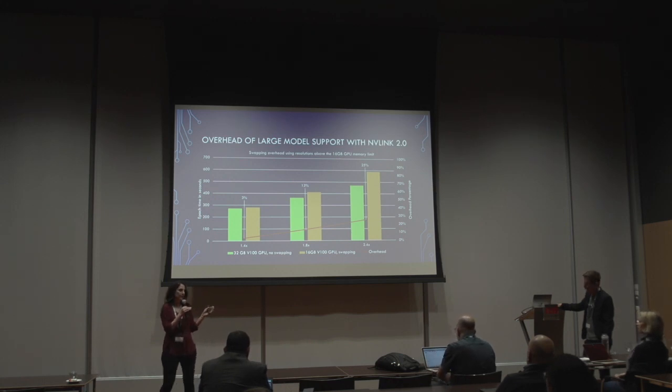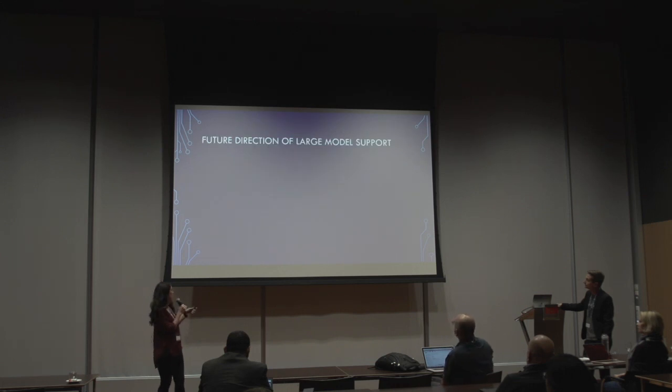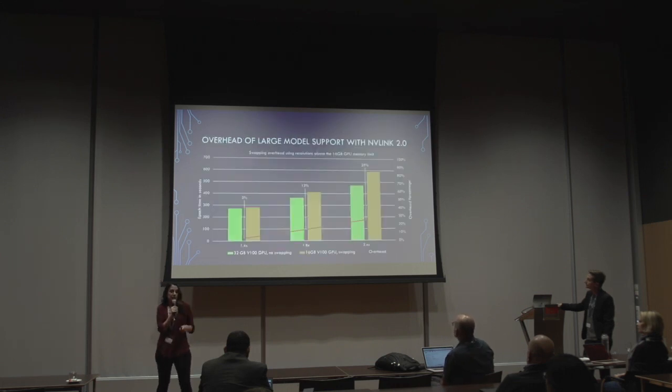Then we compared that to running the same image size on a 32 gigabyte GPU where we didn't need to swap, so that we could tell exactly how much overhead we had for doing this swapping.